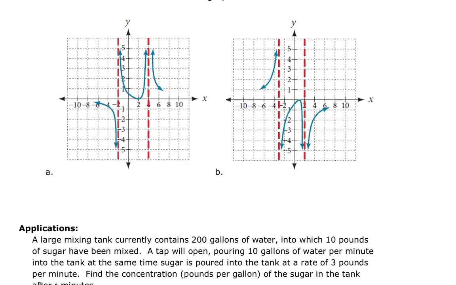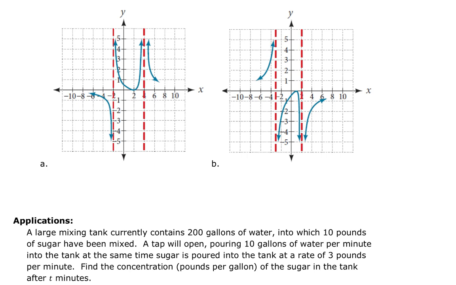So if I'm asked to find a function that matches this, the first thing I'm going to note is that at x equals -2, I have a vertical asymptote, and at x equals +4, I have a vertical asymptote. So those are my denominator numbers.